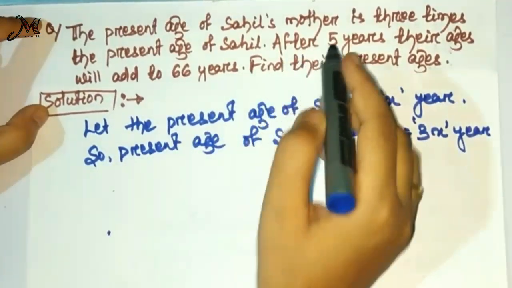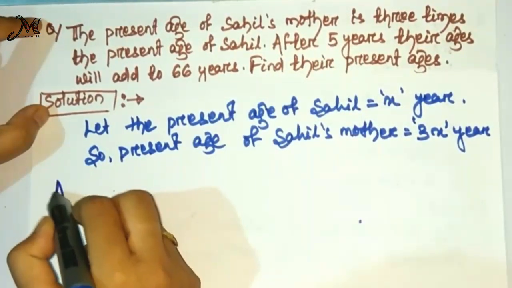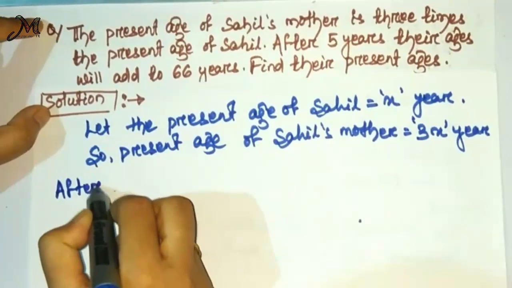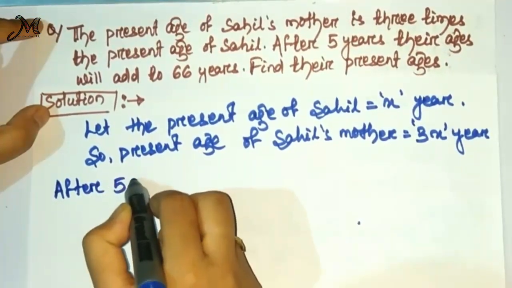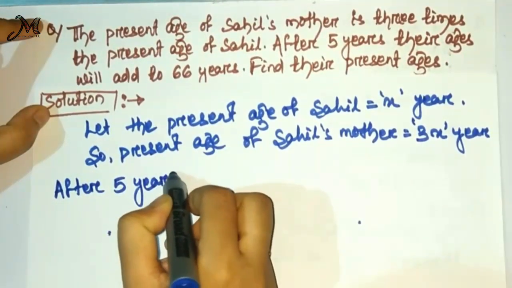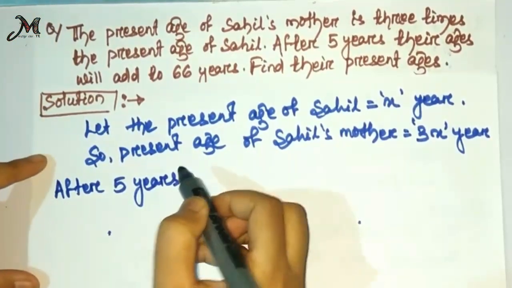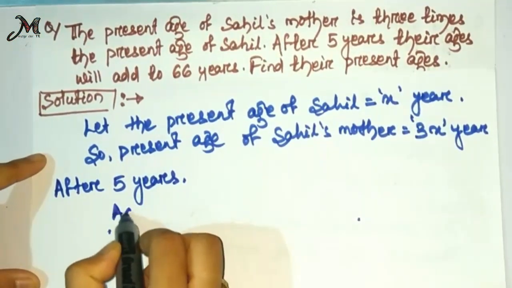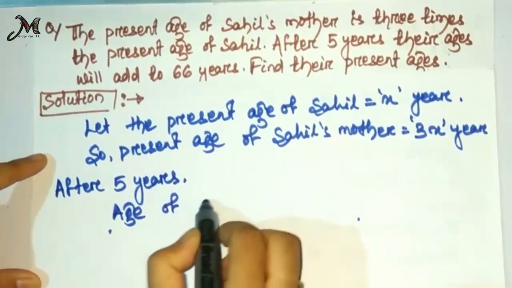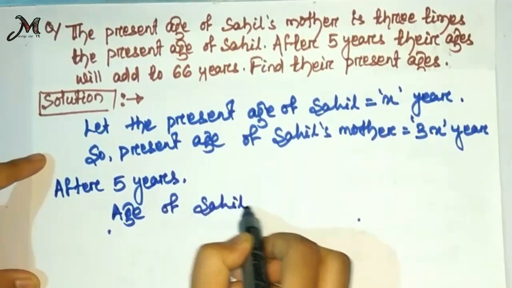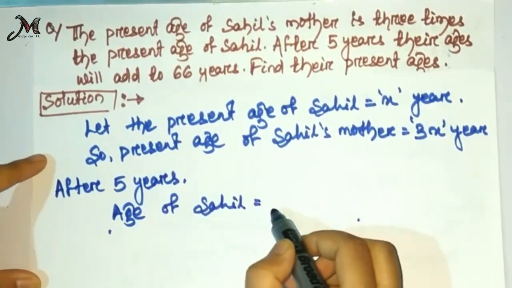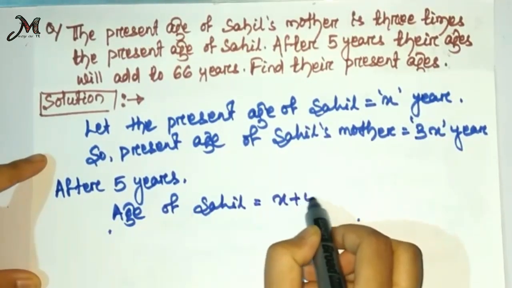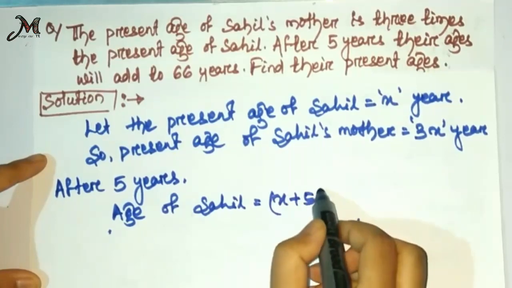Now after 5 years, the age of Sahil, what is the age of Sahil? The age of Sahil will be x plus 5, right? 5 years will be added to his present age.